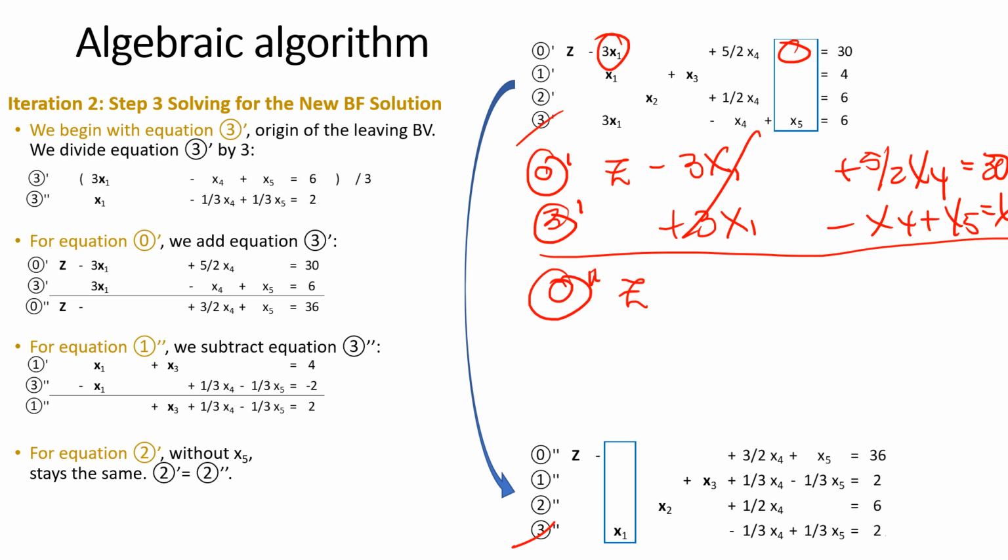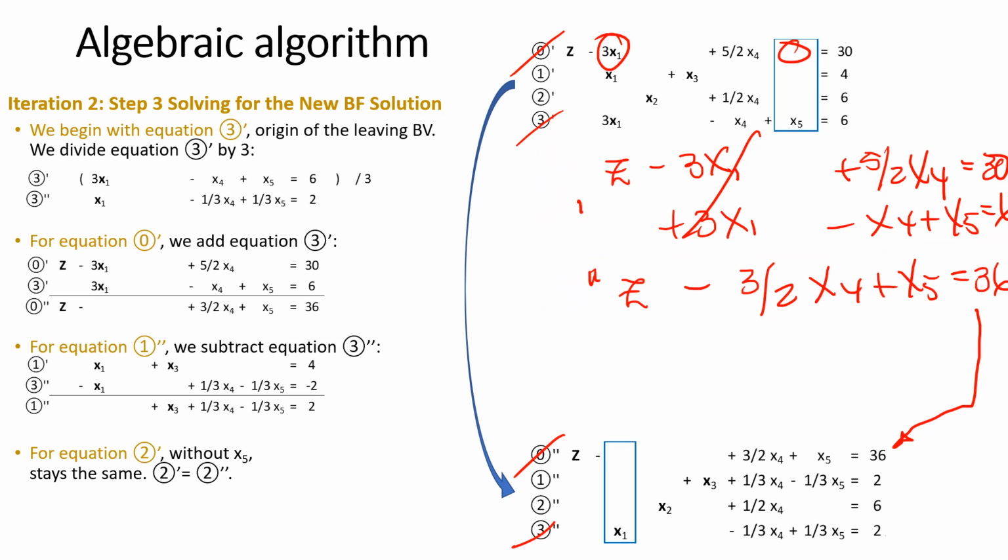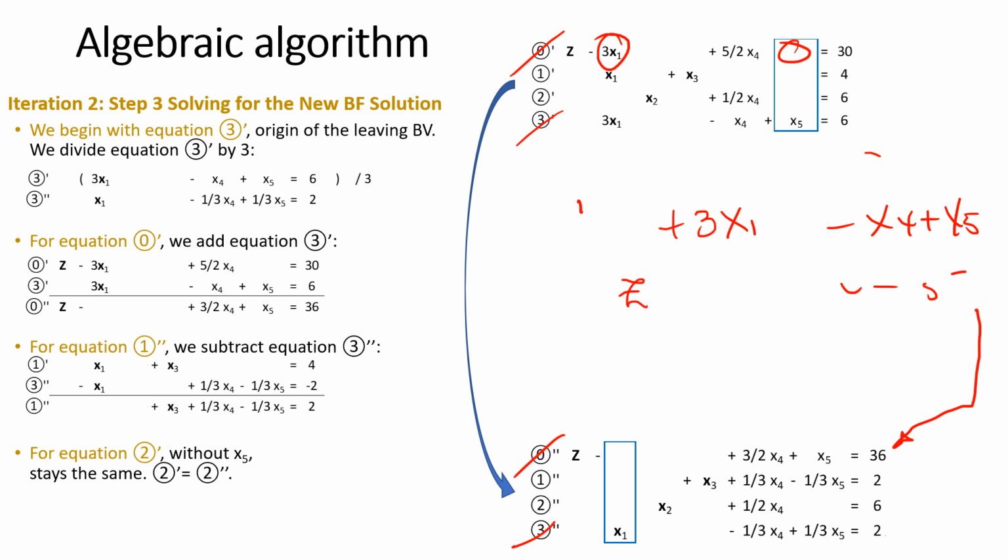These two are eliminated, and now we got 5/2 plus 1 minus 1, sorry, that becomes 3/2 of x4 plus x5 equal 30 plus 6, 36, and this is the equation that we got here. So at this point we have been able to get our new equation for 0 double apostrophe.